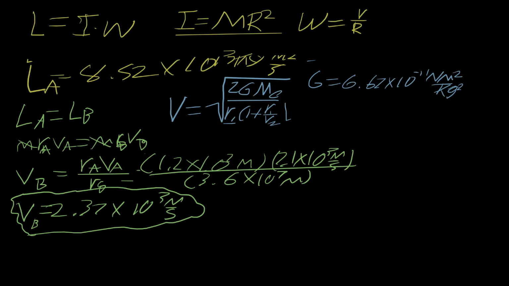Now we can just erase most of this as we don't need it anymore. Now that the satellite is in a circular orbit, this will be a very easy calculation. So we just know it's the square root of the gravitational constant times the mass of the Earth divided by the radius.